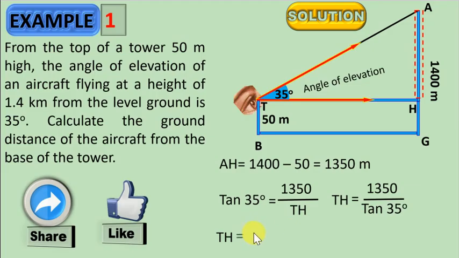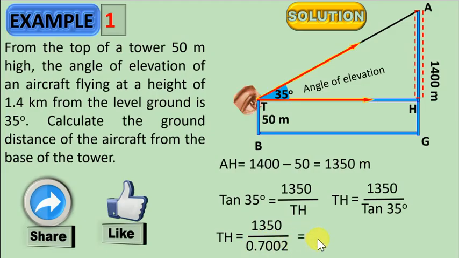So TH will give me 1,350. Now use your calculator. Make sure that the mode of the calculator is in degrees. Now find tan 35 degrees. If you do that, you are going to have tan 35 degrees will be 0.7002.